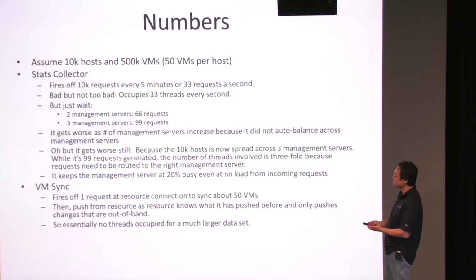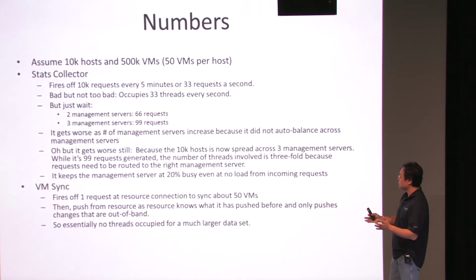The big problem is that the sheer number of requests it generates is already overwhelming, and then it gets worse. When certain resources are connected to one management server and another set connected to a second management server, it generates the same requests on both sets, and then these requests also get cross-routed.